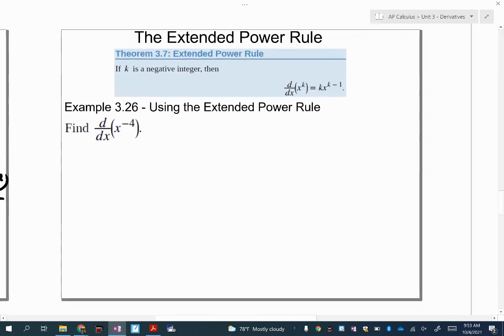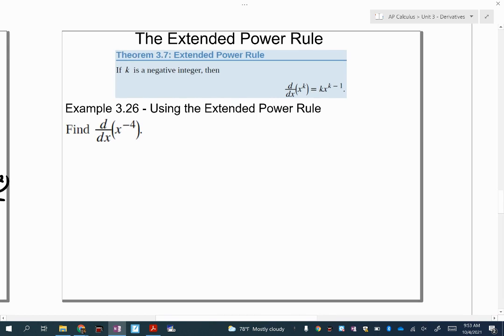Okay. Now this next power rule, this is one that when I was learning calculus, I kind of just ignored. What I ended up doing is just using that same power rule from before. If you have a negative exponent, all that means is the negative exponent becomes your coefficient, and you still subtract 1 from the power.